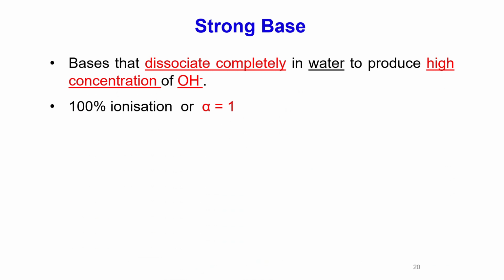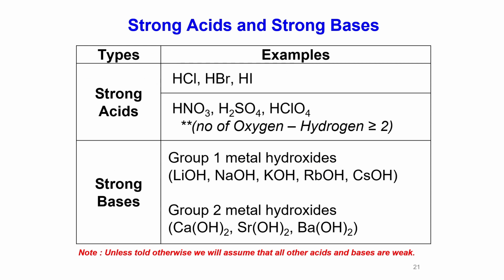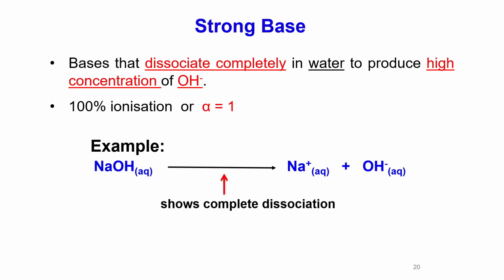Strong acid produces a higher concentration of H+ or H3O+, while strong base produces a higher concentration of OH-. Because it completely dissociates, completely ionized. So 100% ionization, alpha equals 1. Same here, we look at the full headed arrow in the equation for strong base.